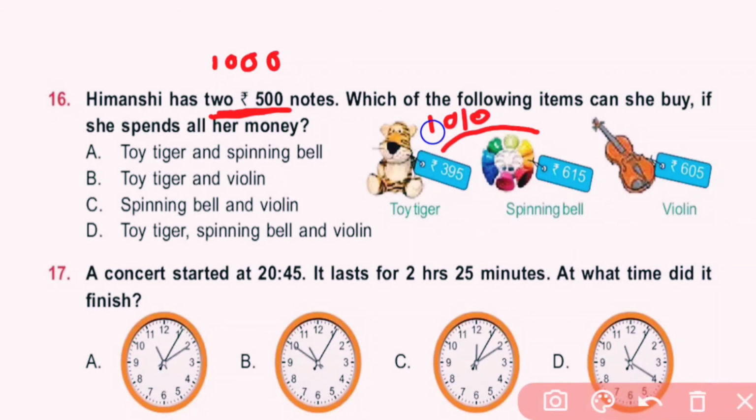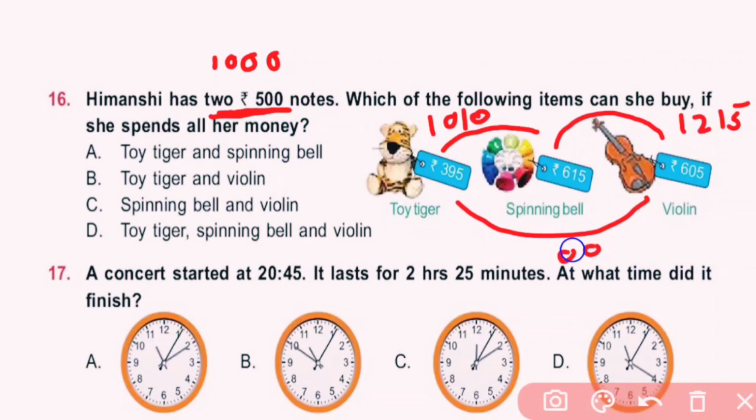She is having 1000, so she cannot buy this. If she buys spinning bell and violin, then she has to spend 615 plus 605, 1,220. This also she cannot buy. If she buys tiger and violin, then 395 plus 605 is 1000. So she can buy tiger and violin. So B is a correct answer.